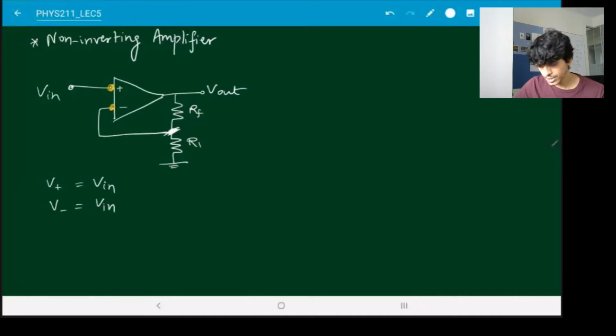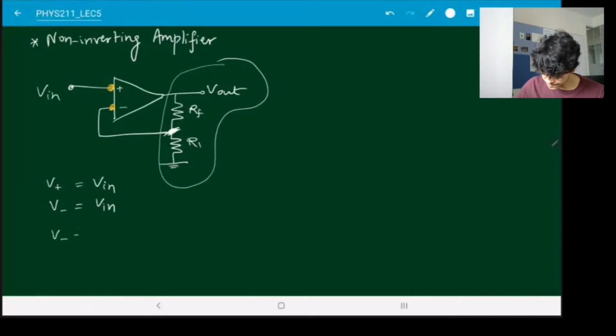And what is the potential at this point? You can look at this as a potential divider circuit. And therefore V minus is going to be Vout R1 divided by R1 plus RF, right?